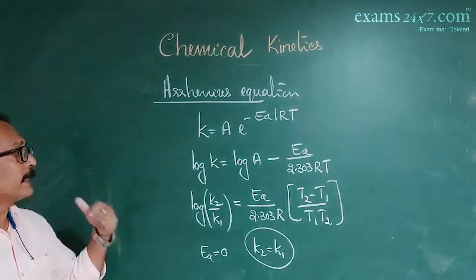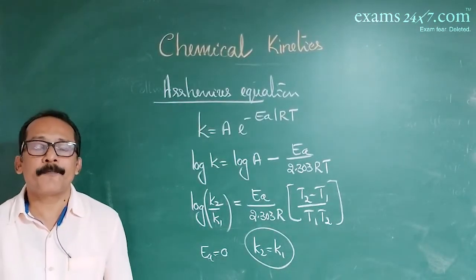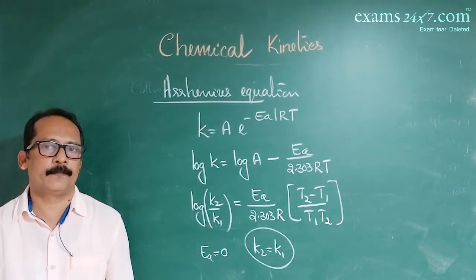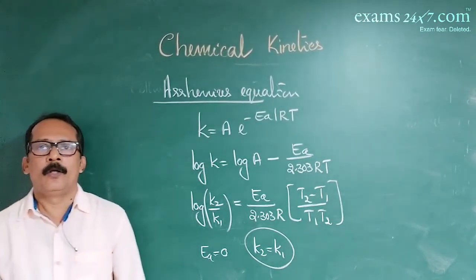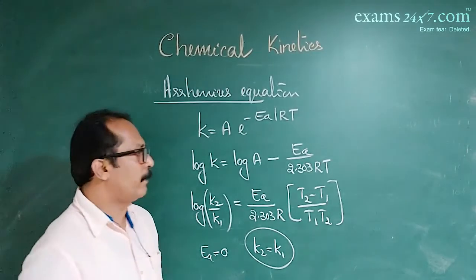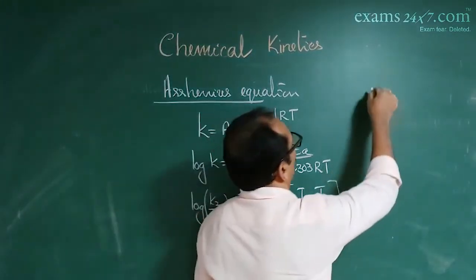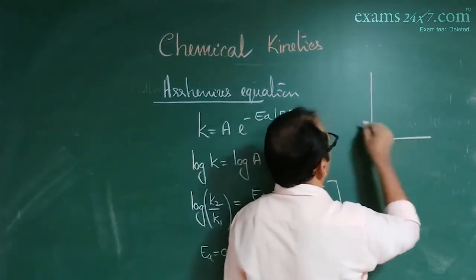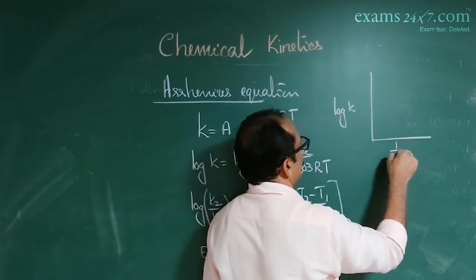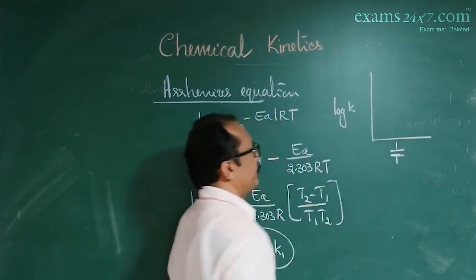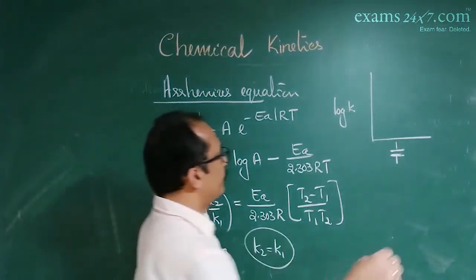Now, energy of activation can be determined by graphical method. In graphical method, there are two variables, one is log K and the other is temperature. When you plot the graph log K versus 1 by T, it gives a negative slope, straight line.